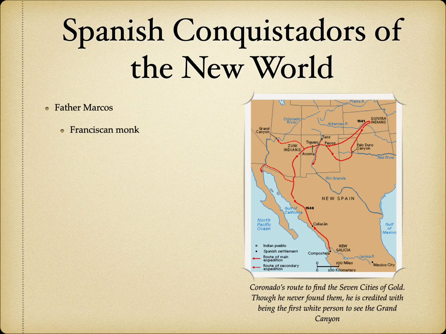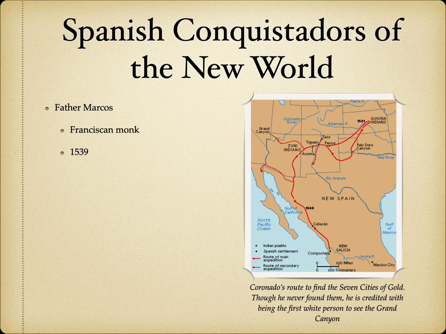Whereas a lot of the other individuals were going out for glory and gold, maybe this monk is going out for a different reason. What do you think he's going out for? Exactly, okay? He wants to convert the natives. Maybe a little success would be good, maybe a little gold would be good, but really he is looking to convert the Native Americans. He's going out as a missionary.